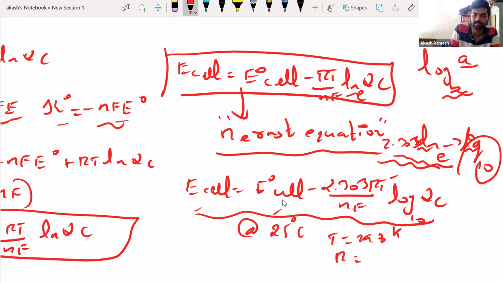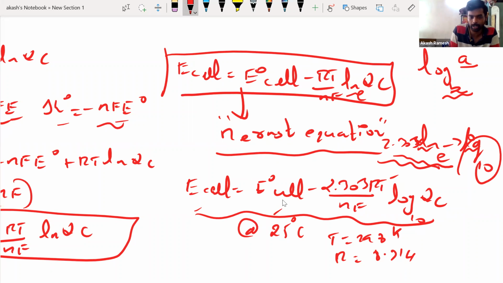R value is 8.314. Why do you use 8.314? Because we are getting it from delta G. Delta G will be in terms of energy. Whenever you use energy in terms of joules, we write 8.314. Hope you remember all of this, guys. I told you 11th is very, very important. If your concepts are not clear in 11th, you will suffer a little in 12th. I think you're able to see what I was telling at that time.